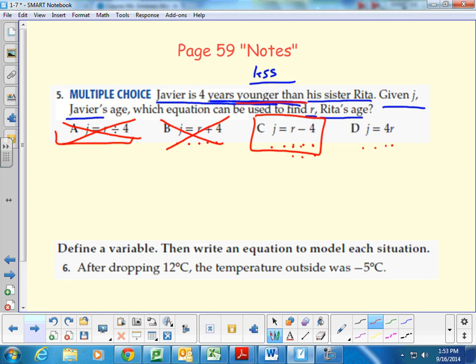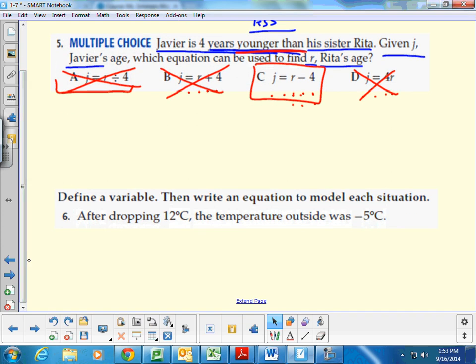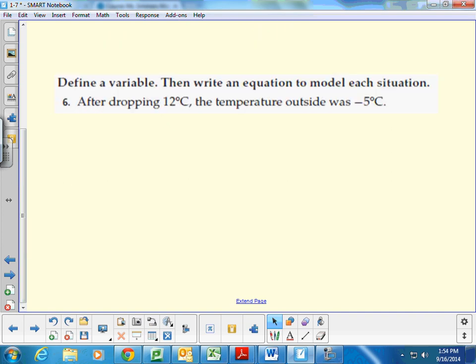But Javier is younger. There's no way he's 4 times as old, so that's not true either. Okay? So eliminating and checking your work is possible through those conversations we want to be having in class, talking things through and thinking them fully through instead of just doing some quick math and moving on.